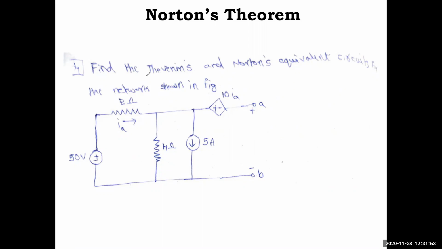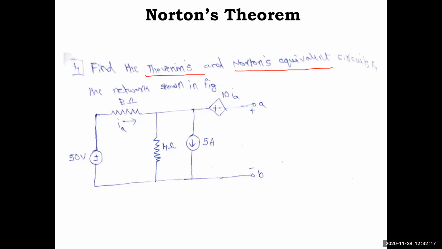So they told us to find both Thevenin's as well as Norton's from a single circuit. So no need to follow separate steps. If you got Norton's, convert it into Thevenin's, or if you are familiar with Thevenin's, convert it into Norton's. Anyone you can do. Okay, what is the first step we can do here? A current source in parallel with a resistor is there.